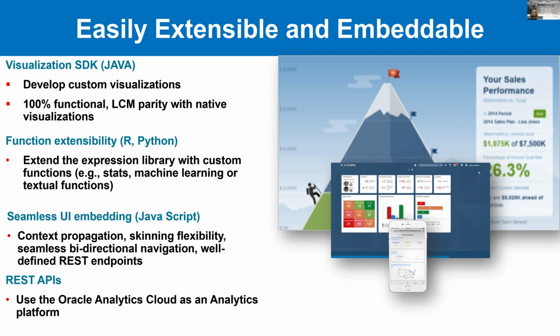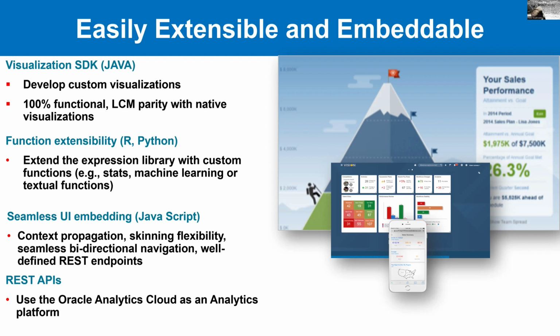So yes, OAC is pretty easily extendable, embeddable, just like any enterprise tool that's out there right now, except for the integrated AI ML pieces with OAC are very different. I guess that's cutting edge as far as what I've seen or what we've seen. You can create your own R and Python functions.